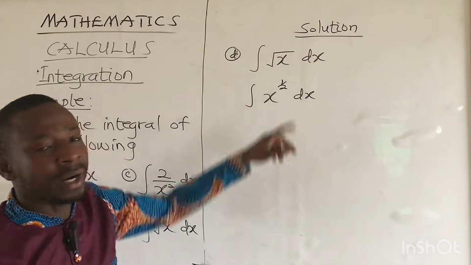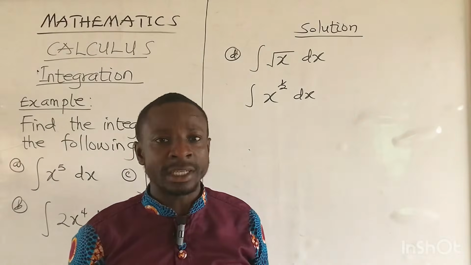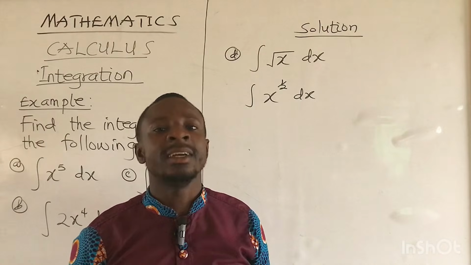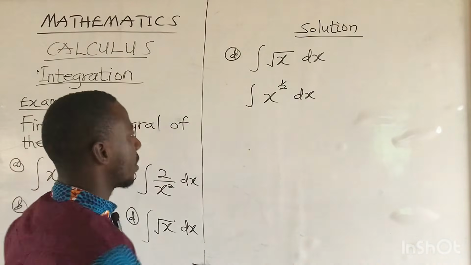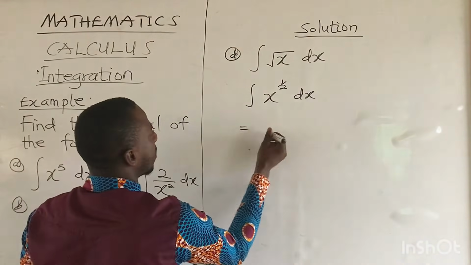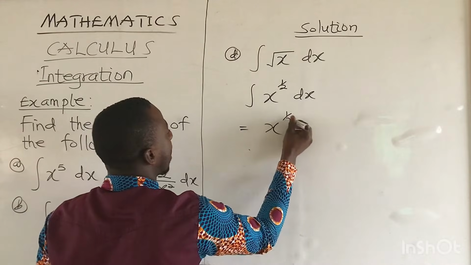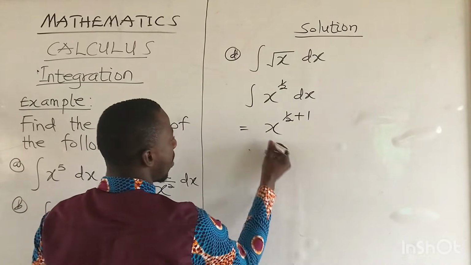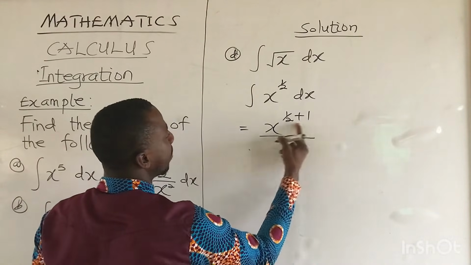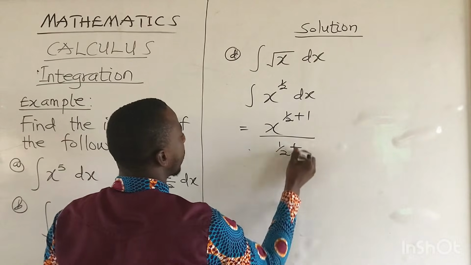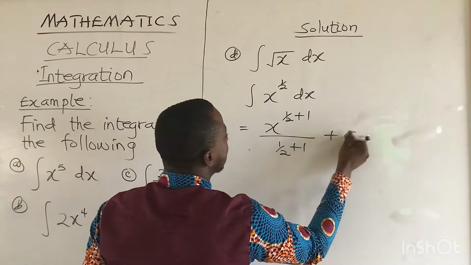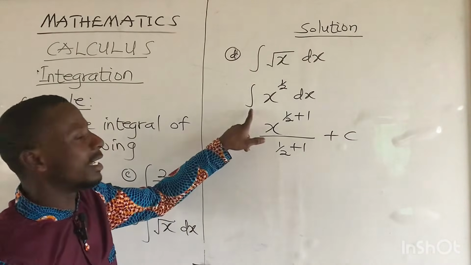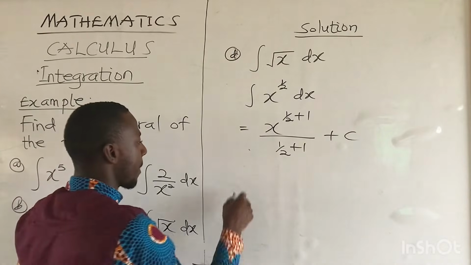So we need to rewrite it in an exponential form before we can integrate. So from here, we have x exponent half plus 1 all over the same exponent half plus 1 plus c, because they have no limit.